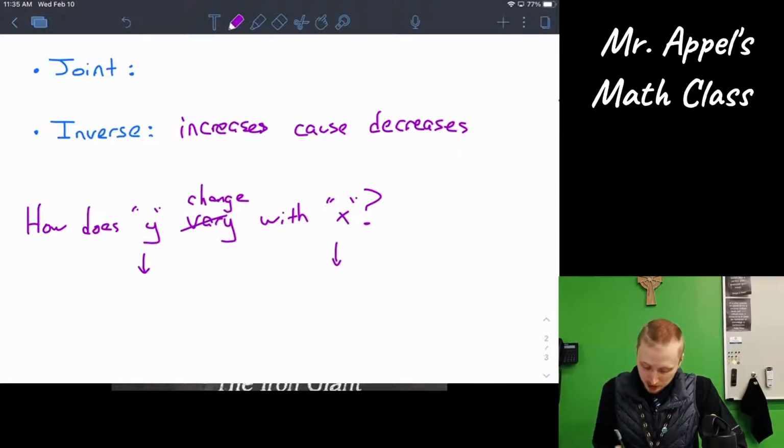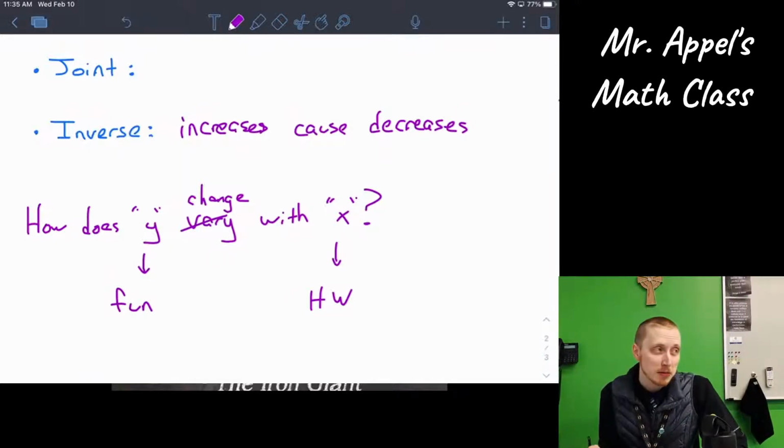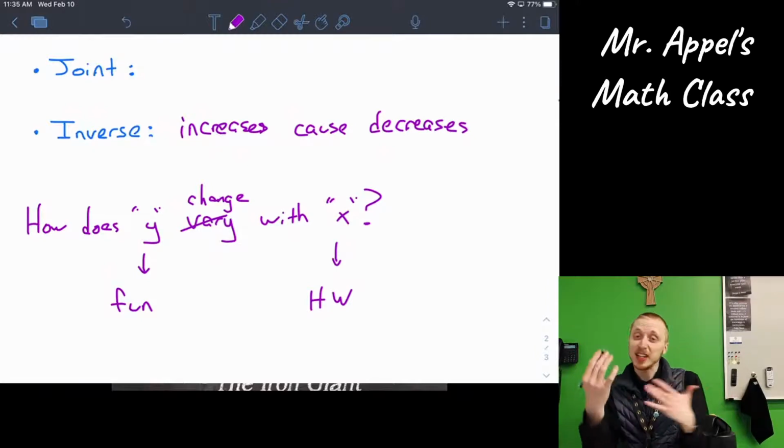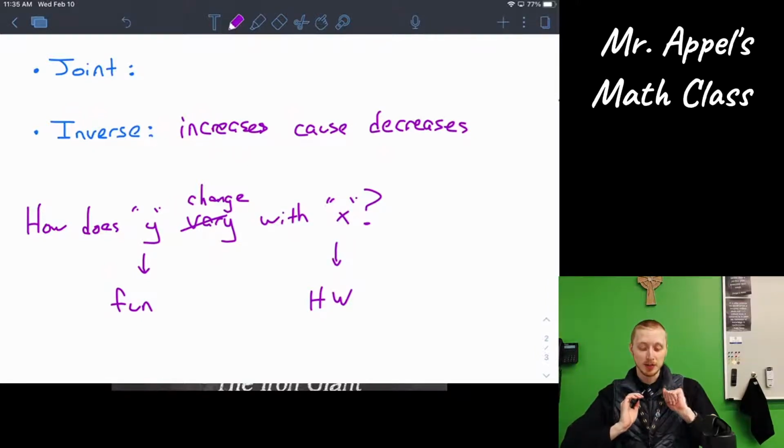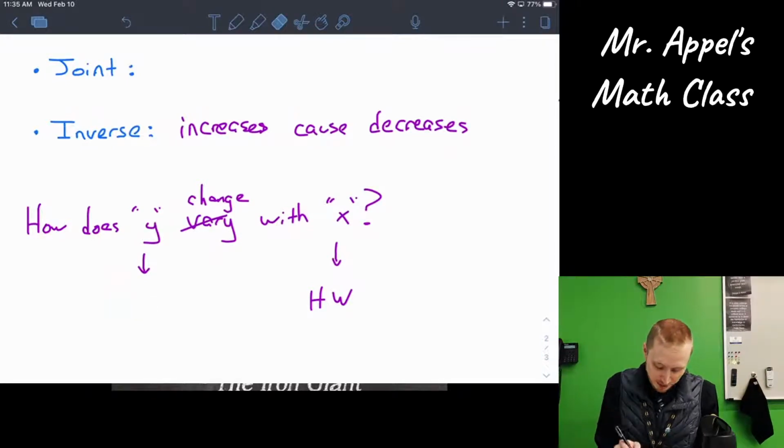Let's see. As homework increases, fun goes down, right? More and more work to do, less fun to have, right? You could say there's an inverse relationship. Well, maybe you actually find the homework enjoyable. How about this?